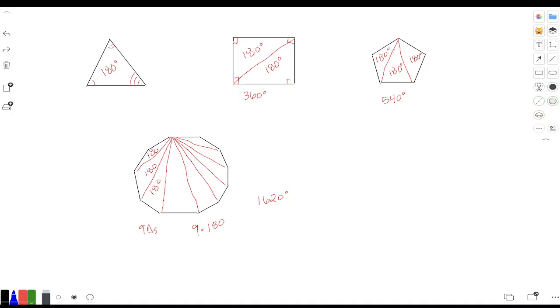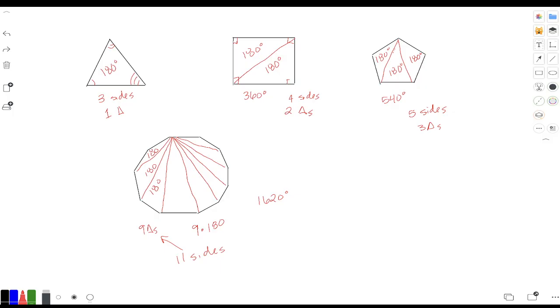Now, you guys may have noticed here with 3 sides, we have one triangle. Obviously, one triangle is made up of 3 sides. With our 4 sides, that's 2 triangles. With our 5 sides, that's 3 triangles. And with our 11 sides, that's 9 triangles.